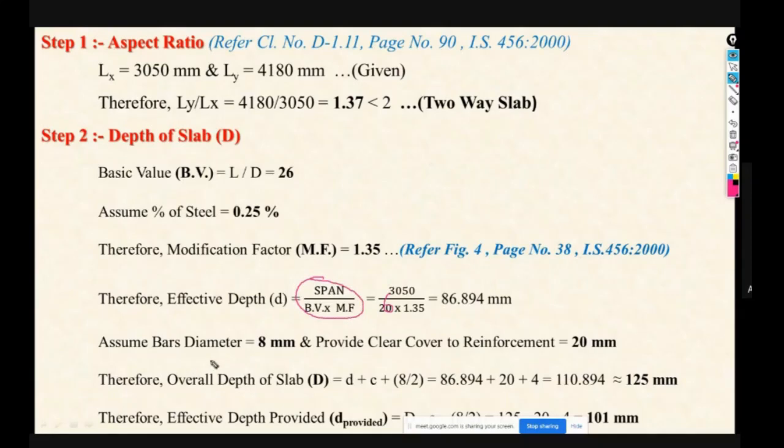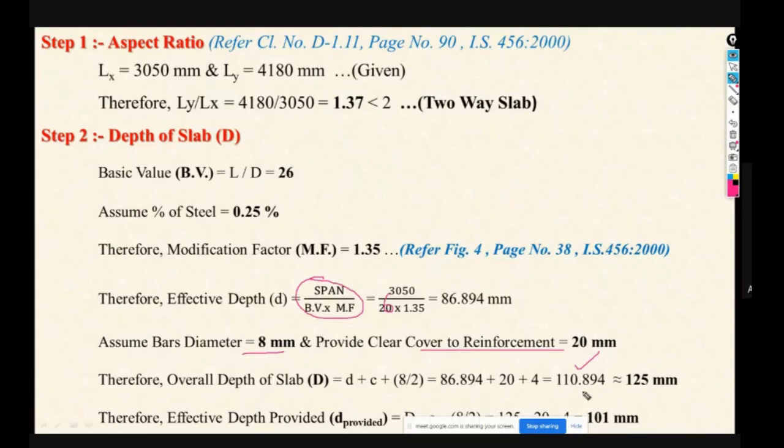Okay, now after that, consider the diameter, and then clear cover already we have considered, that is 20, and then calculate the overall depth. So if you consider 8 mm diameter, 20 mm cover, and this 86.89 effective depth, our overall depth is 110. Okay, so if you want to go with this depth, you can go, no problem.